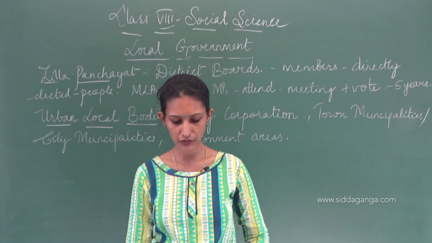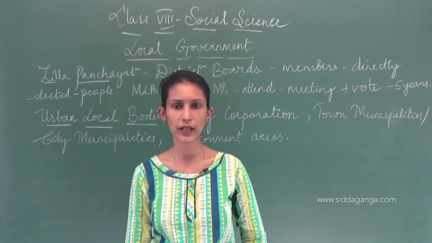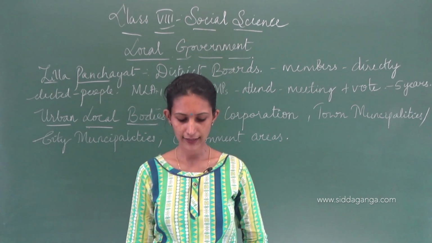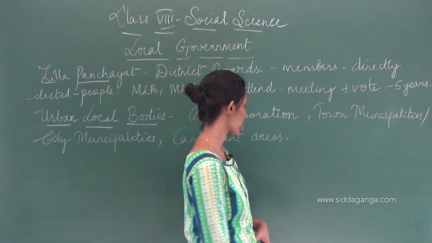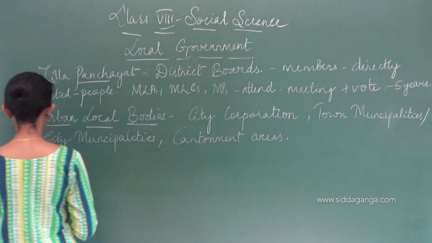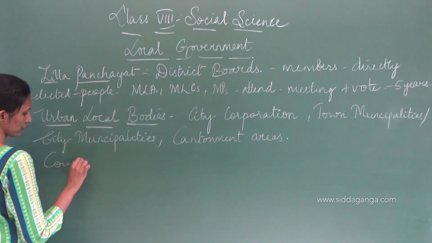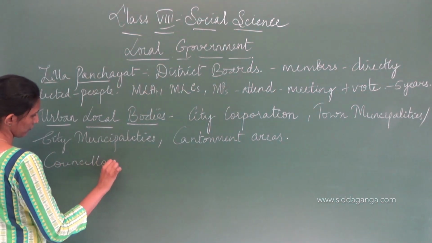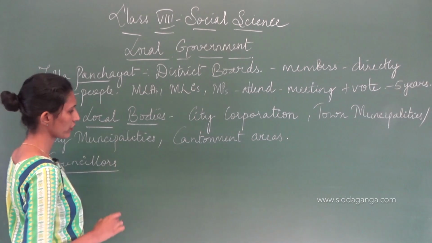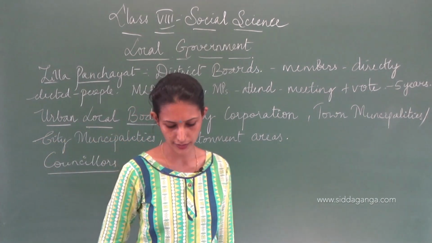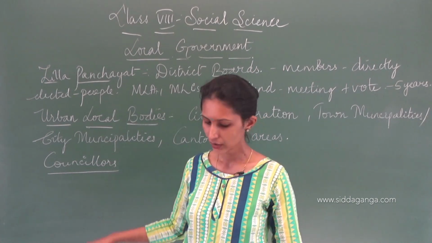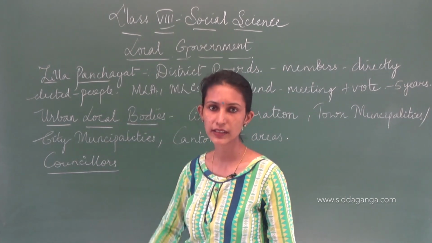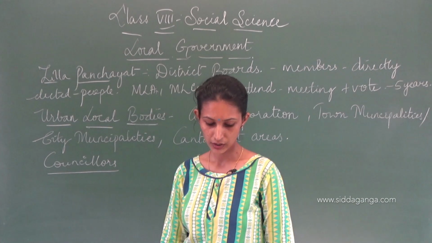Then governing bodies of town municipalities and city municipalities are elected representatives, they are called councillors. That is, elected representatives of the town and the city municipalities are called councillors. Then these councillors are directly elected by the people of that town or city.